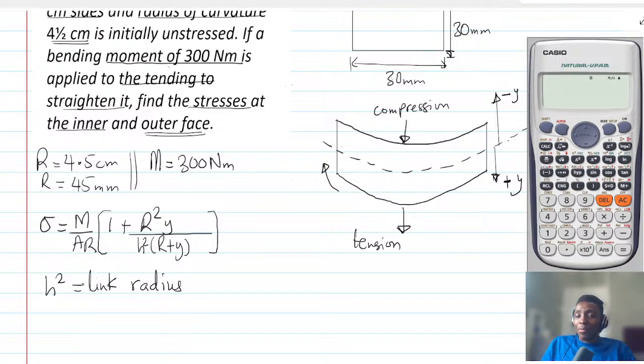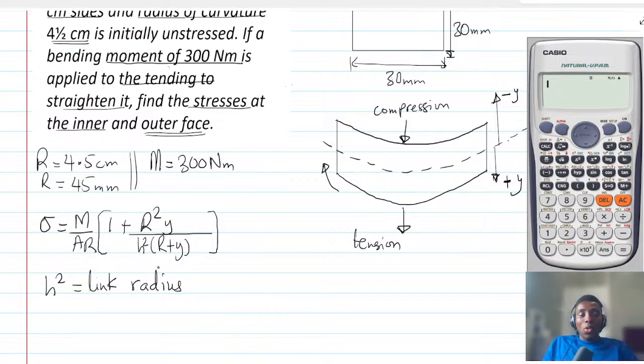What am I trying to say? Any cross section has a formula for the link radius. You don't have to go to the library spending the whole night trying to understand the formulas. Just know that if it is a rectangle, which one applies? If it is a triangle, which one applies? That's all.